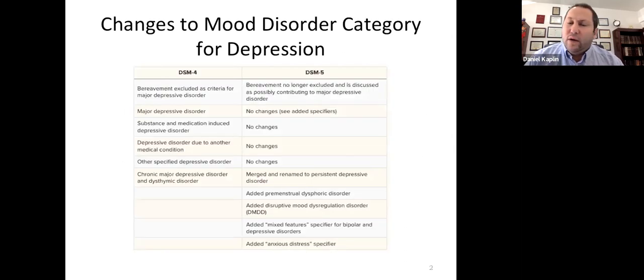So I also mentioned this to you, that there were some significant changes to the DSM-5. So it used to be that bereavement was excluded as criteria for major depressive disorder. It's no longer an exclusionary criterion. It actually is a contributing factor to major depressive disorder. In terms of substance and medication induced mood conditions, no changes, or other specified depressive disorders, no changes.